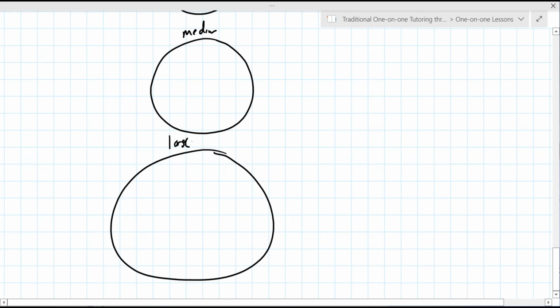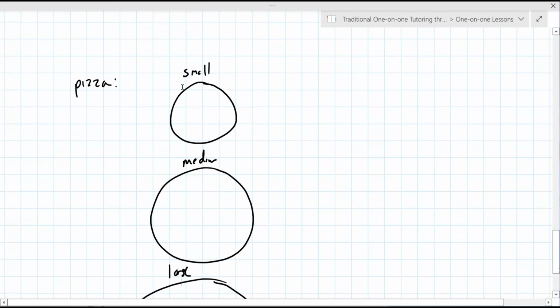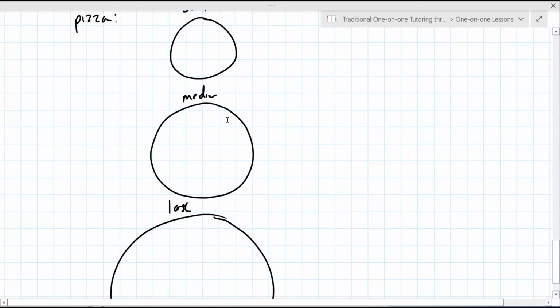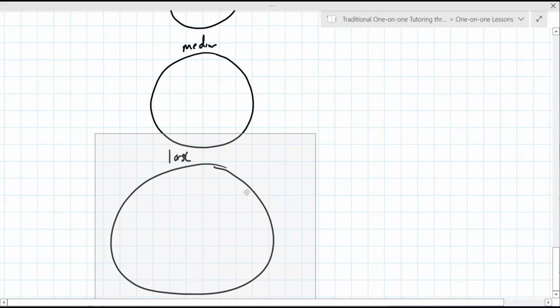What is the difference between the small, medium, and large pizza, in your opinion? Like, what do you see here? I know we can't quite get it all on the screen. What's the difference between the small, medium, and large pizza?